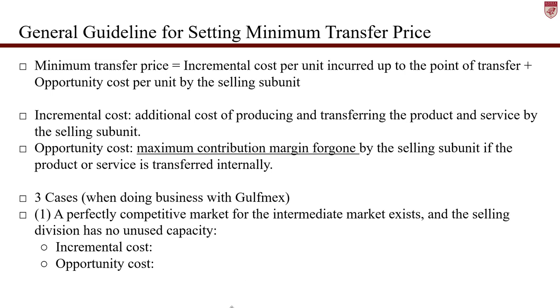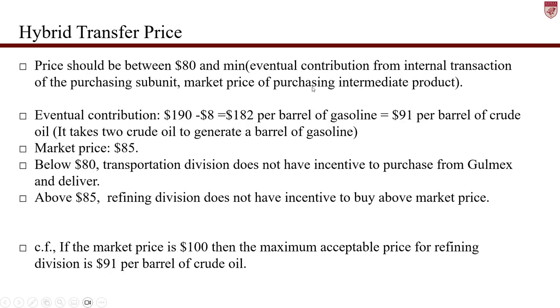Now I'm going to also talk about the general instruction for setting a minimum transfer price. In order to set the maximum transfer price, it was the minimum number between the contribution margin from the purchasing unit and the market price of purchasing the intermediate product.